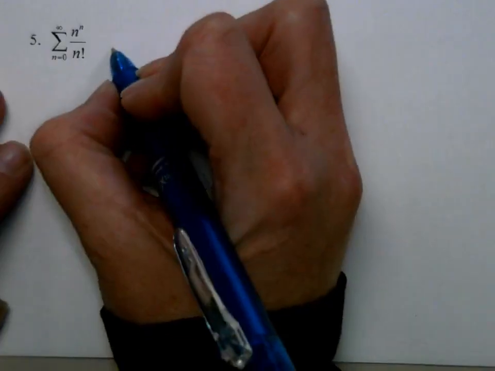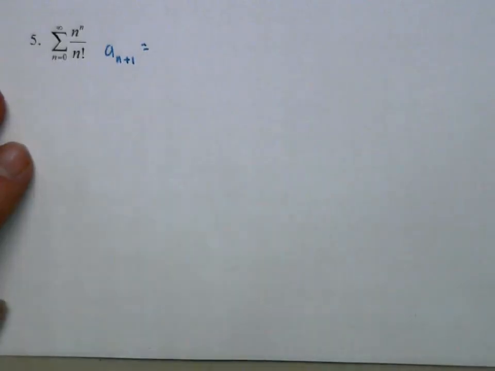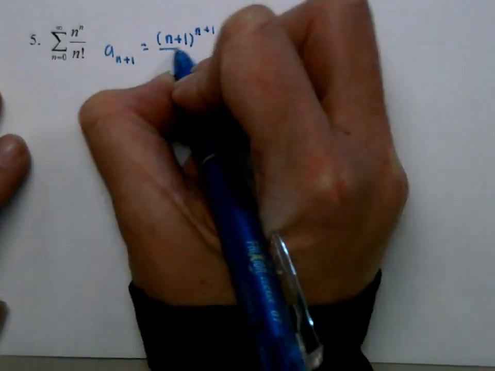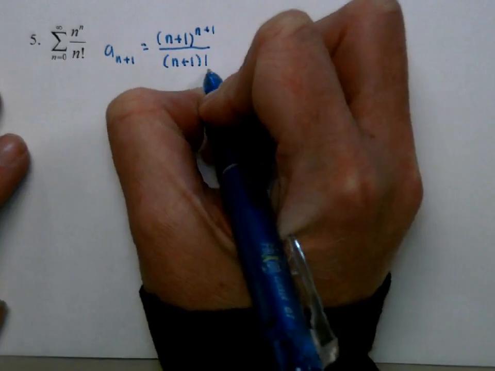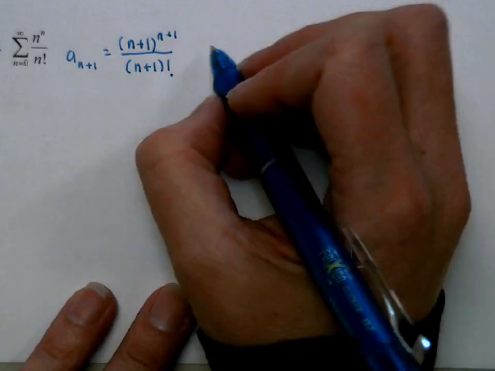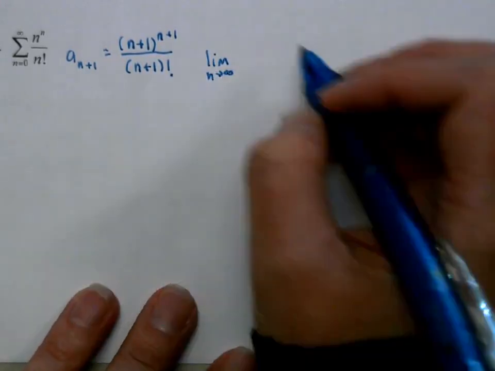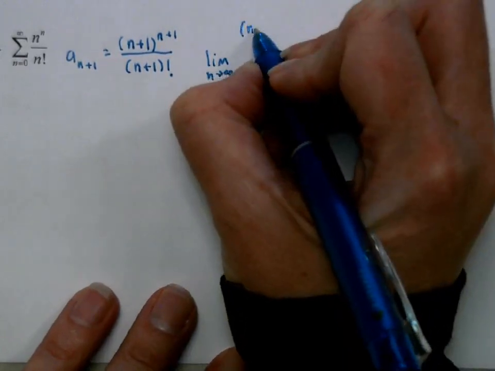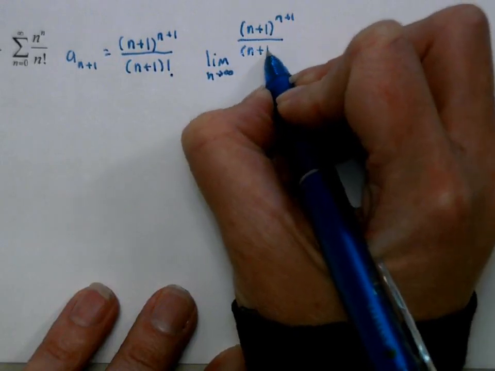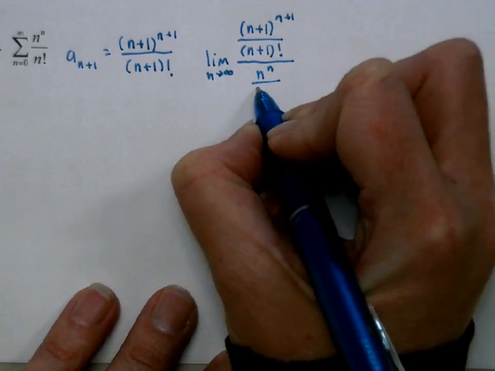So in this one, my a_(n+1), I'm going to add 1 to all of my n's. So I'm going to have n plus 1 to the n plus 1 over n plus 1 factorial. Then we'll go ahead and put that in my ratio. So I'm going to have n plus 1 to the n plus 1 over n plus 1 factorial over n to the n over n factorial.